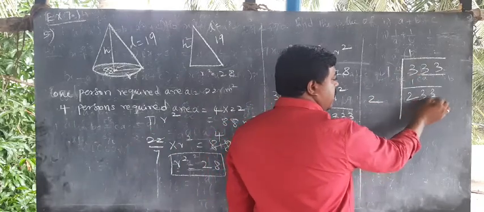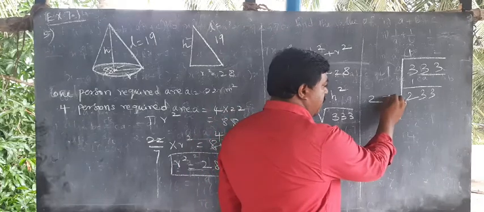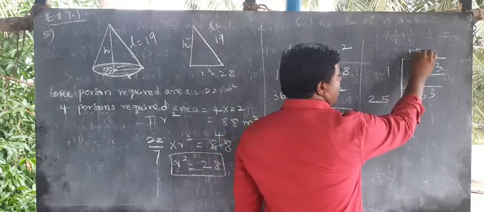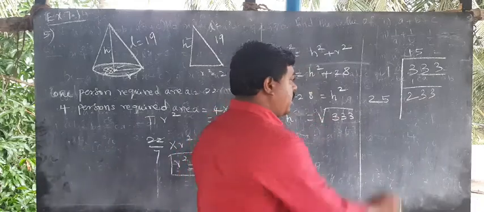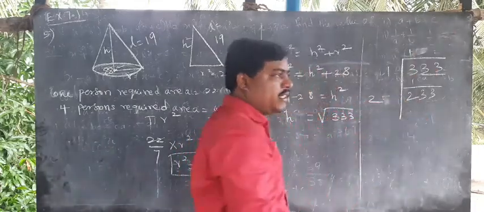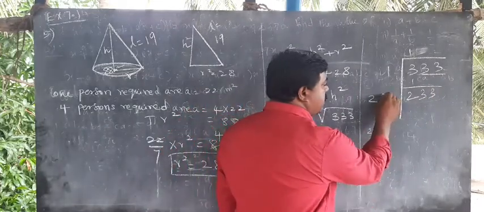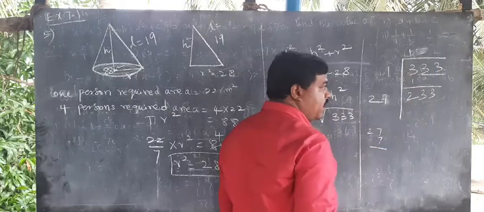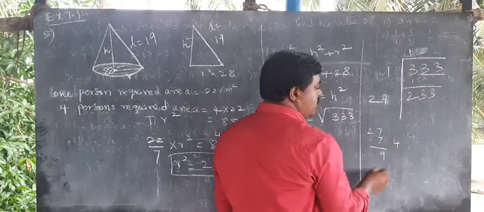Now 233. Suppose here I put 5, here also you need to put 5. 25 into 5, 125 only we are getting. But here what number we are having? 233. 27 into 7: here I put 7, there also we have to put 7. 27 into 7, 7 sevens are 49, 7 twos are 14.